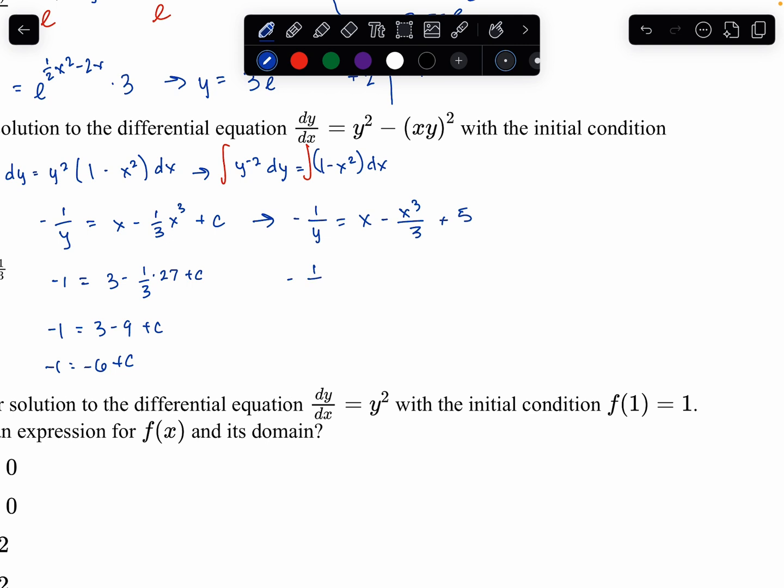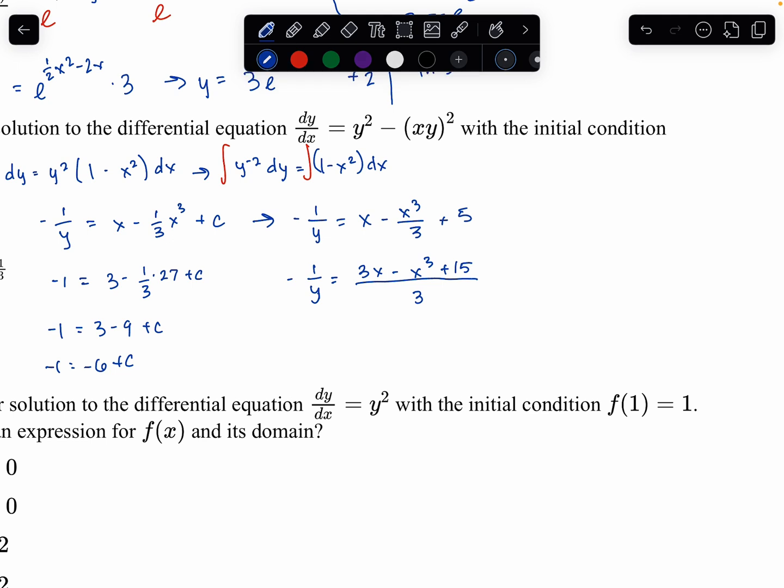So negative 1 over y is going to be equal to 3x, because I'm going to multiply this by 3 and that by 3 to get a common denominator of 3, minus x to the third plus 15, all over 3.